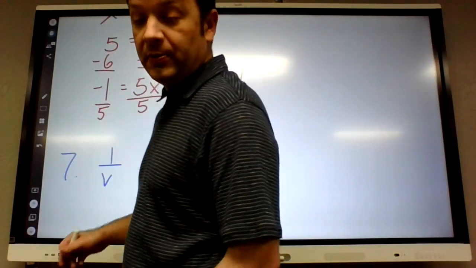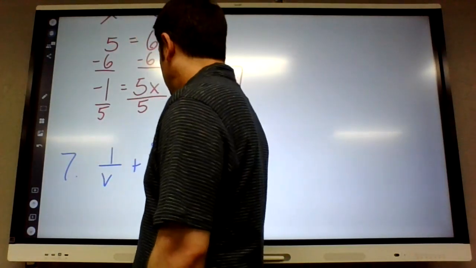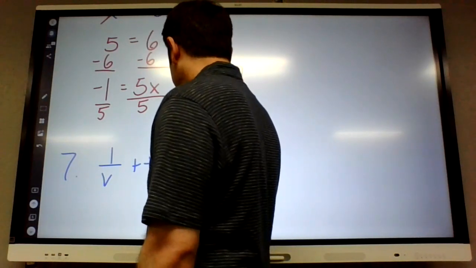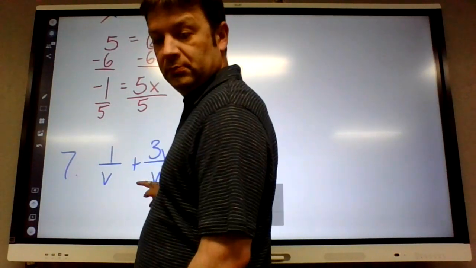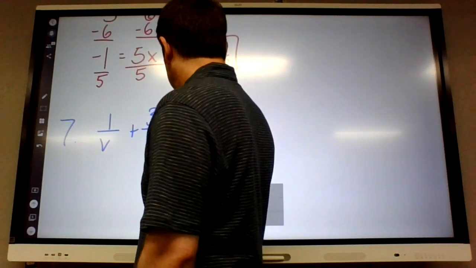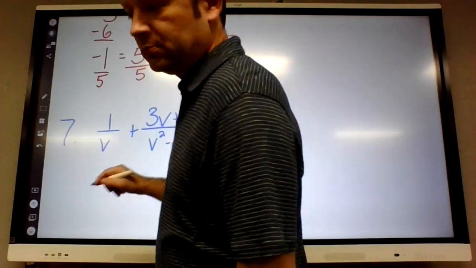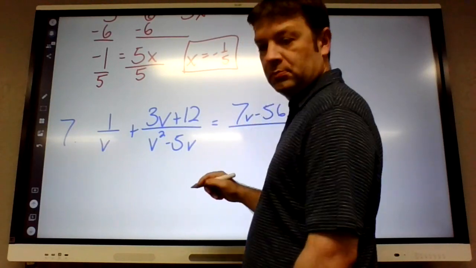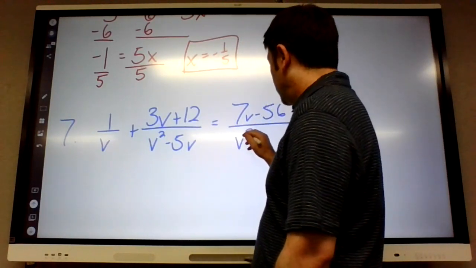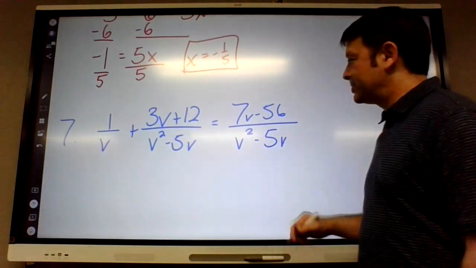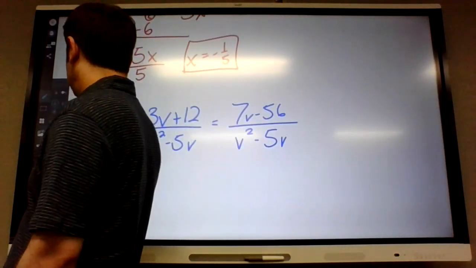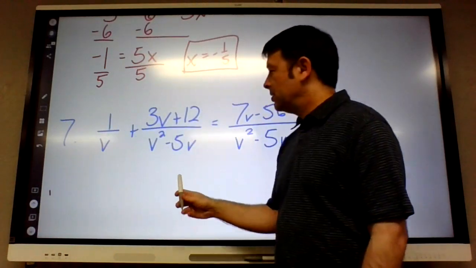1 over b plus 3b plus 12. All right, what is different about number 7? Denominators minus.